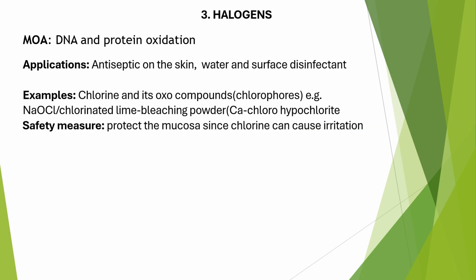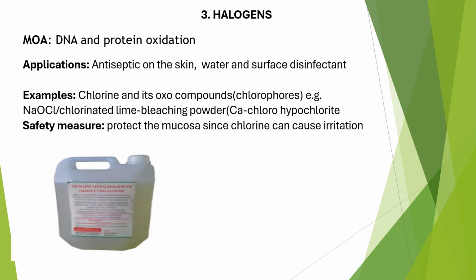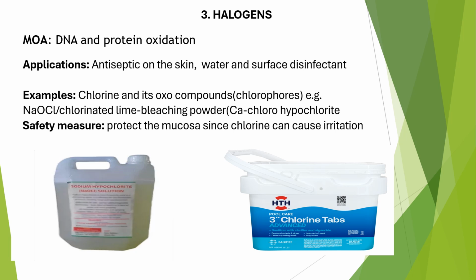Safety measure, you need to protect the mucosa because chlorine can actually cause irritation. Sodium hypochlorite is an example, and also chlorine tablets. Remember, sodium hypochlorite is commonly used in hospital settings to clean surfaces and even floors.